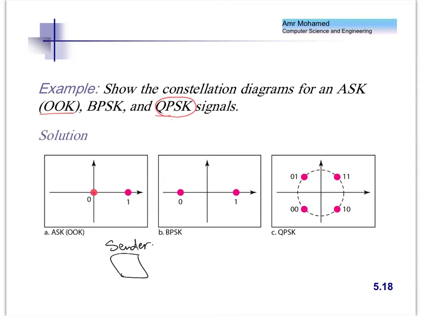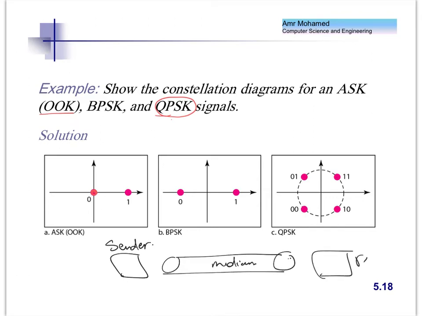The sender generates these symbols and tries to transfer these symbols over the medium. Okay, so at the receiver side, the receiver will receive the signal plus noise, right? So the noise that affected the signal through the transmission over the medium.